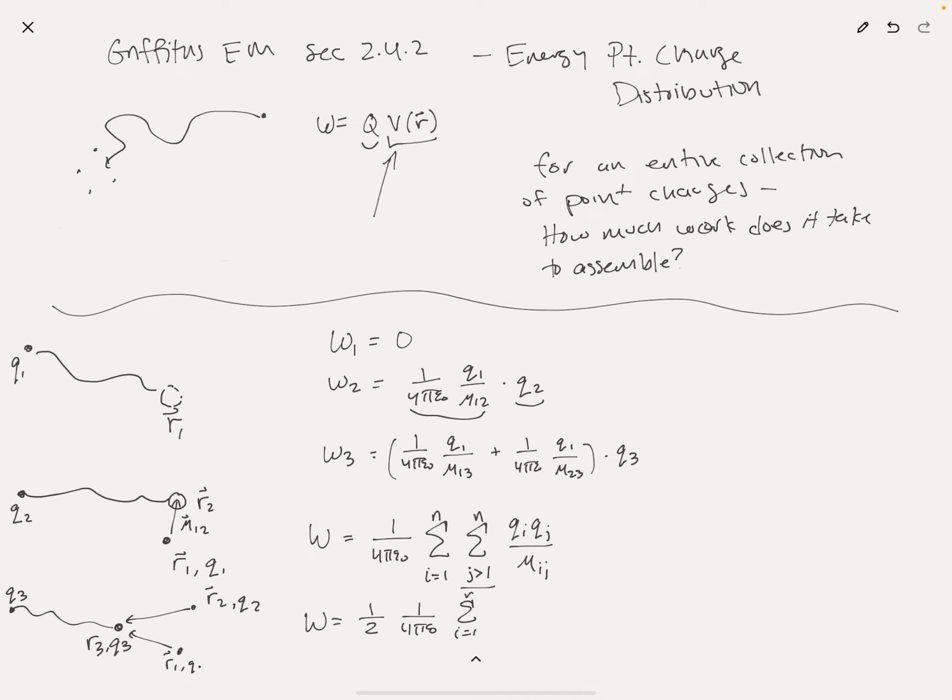sum i equals 1 to n, sum j equals 1 to n, making sure to avoid counting yourself, qi qj over rij. Now this sum is going to include twice as many terms as the previous one, but we're accounting for that by dividing by 2.